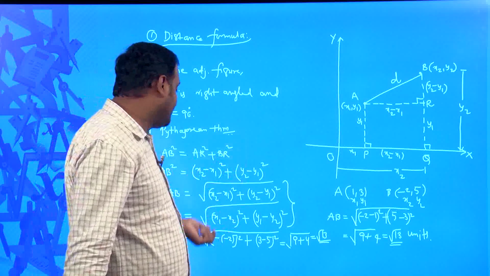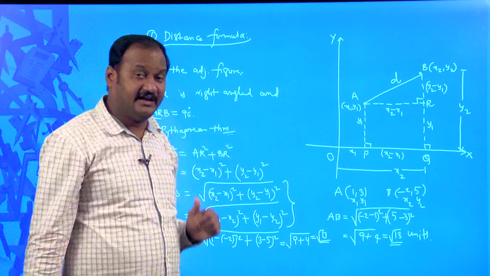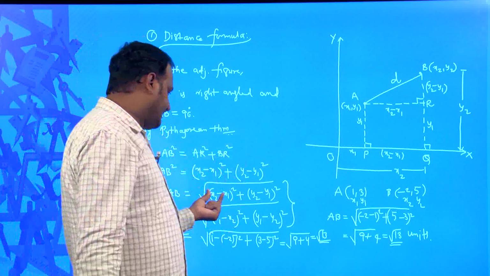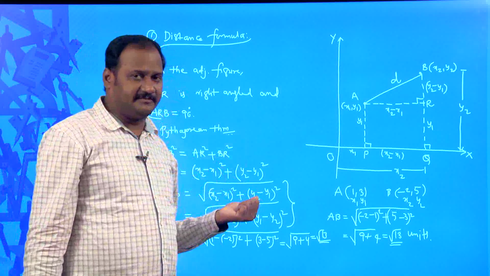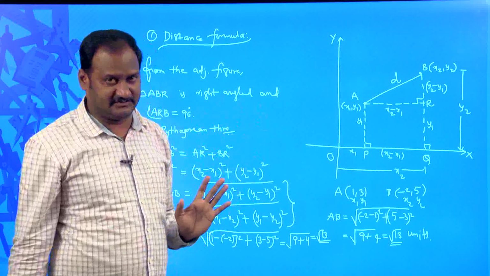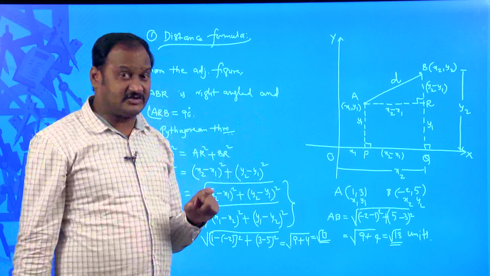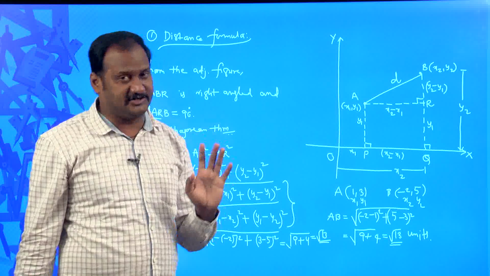It means there is no difference between these two formulas, but still there is something that you are not accepting: whether x2 minus x1 whole square and x1 minus x2 whole square both are the same or not. Absolutely the same. You know why? The value of x2 minus x1 may be positive, then its square, of course, is positive. If the value of x2 minus x1 is negative, then the square of the negative number is again positive.